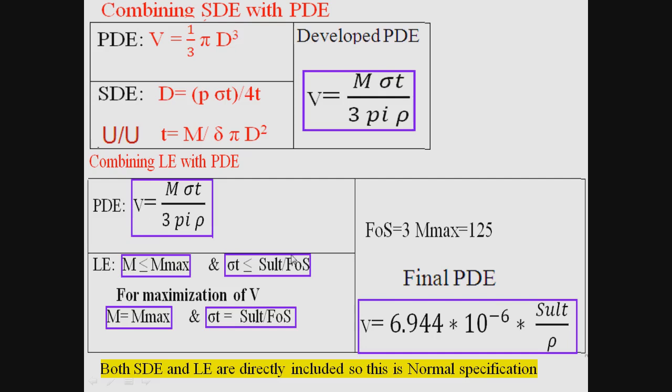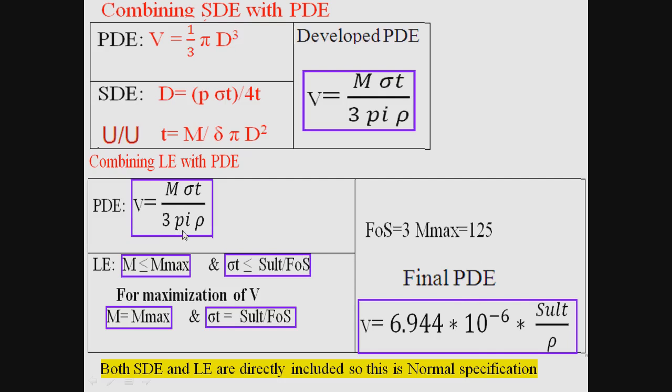So this is the primary design equation, and these are the limiting equations. Here, in the final primary design equation, you substitute the values other than the material properties.